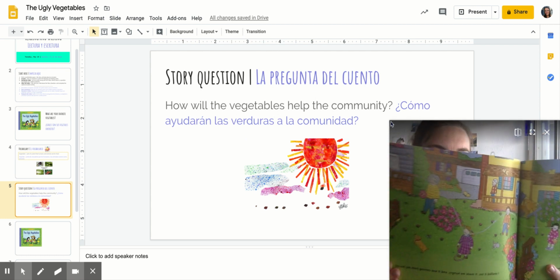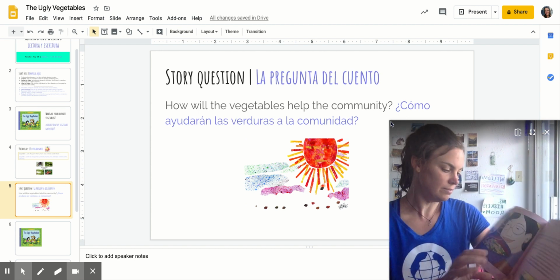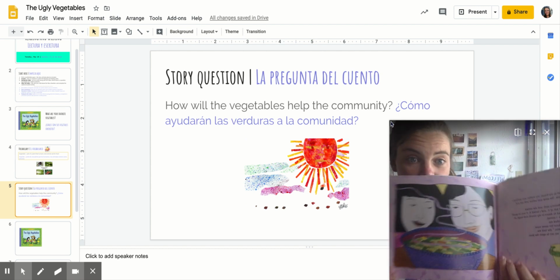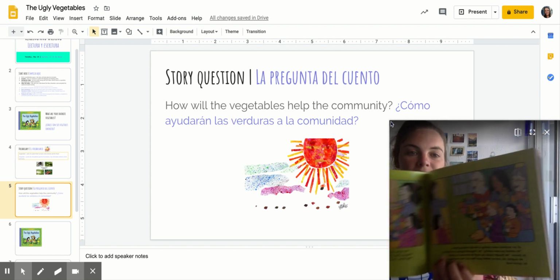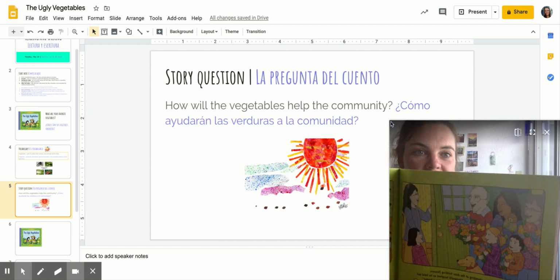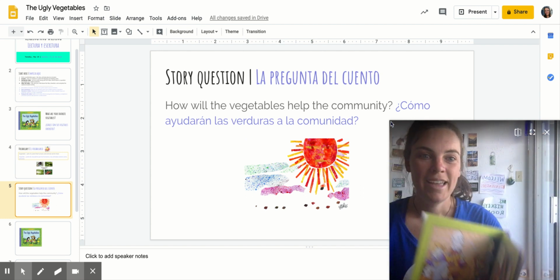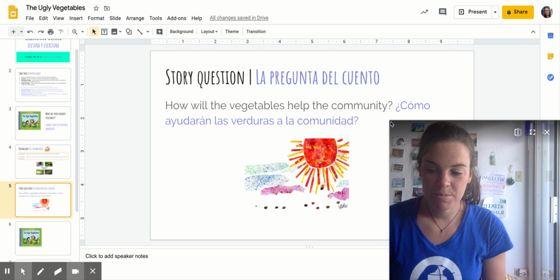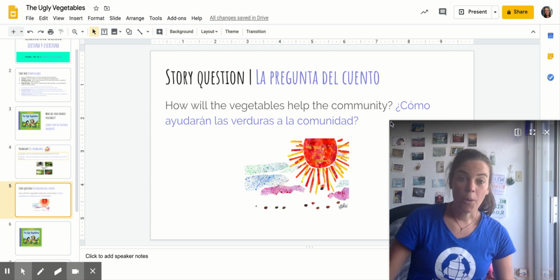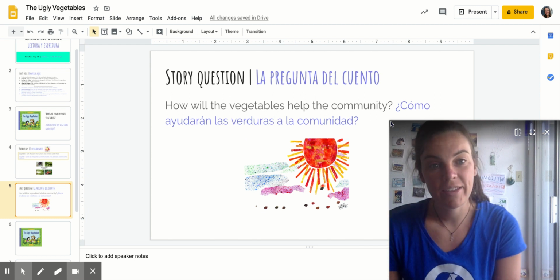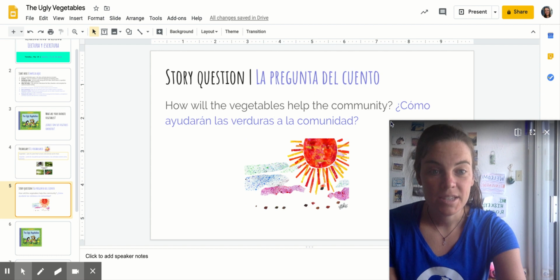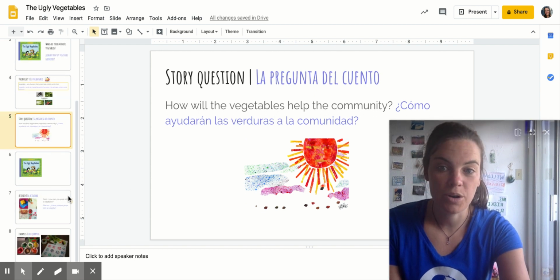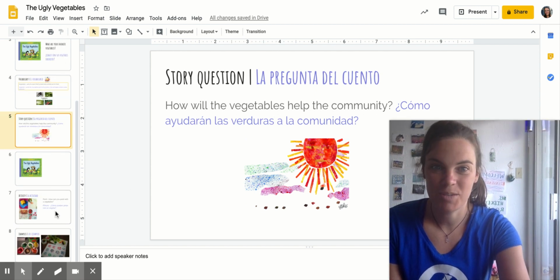Everyone in the neighborhood smelled it. It was delicious. And everyone came over to trade and share. So the vegetables helped their community by showing them something new and giving them something to share. So now everyone in the community is growing flowers and Chinese vegetables.